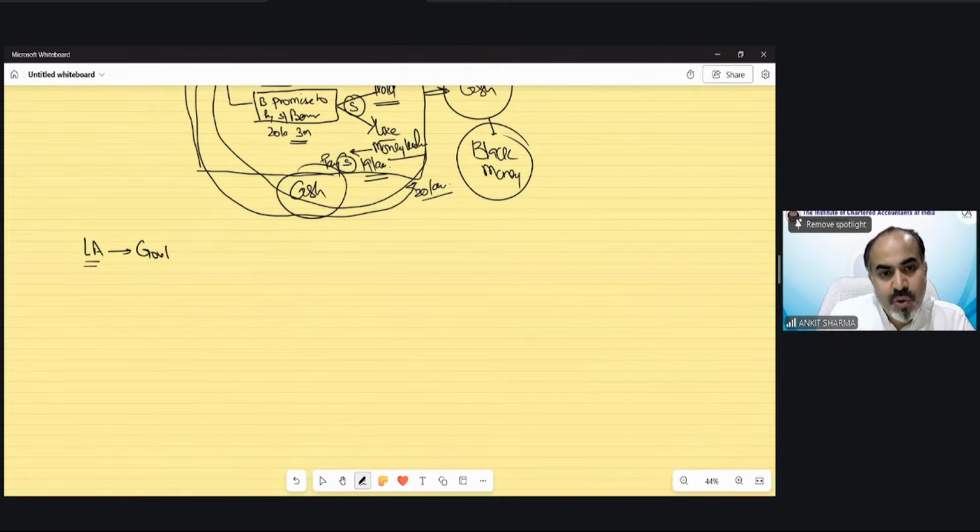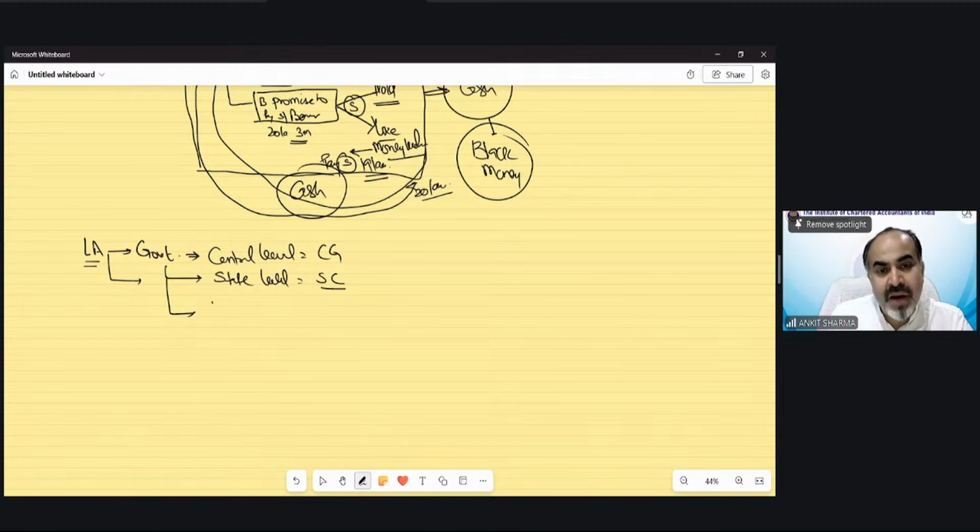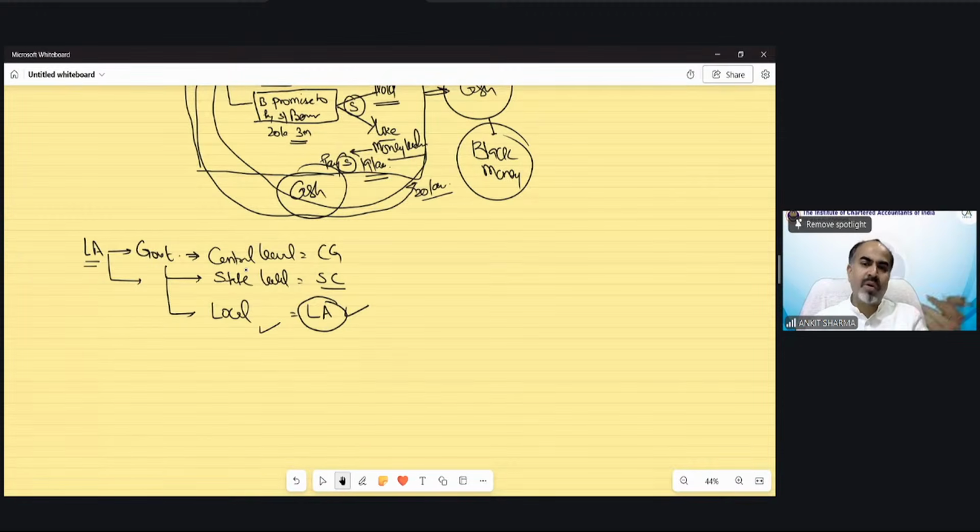Government departments that work on the central level are called central government, like army, defense, etc. Government departments that work on the state level are called state government, like police, etc. And government departments that work on the local level are called local authority. So it's a very simple definition. The government departments that work on the local level are called local authorities.